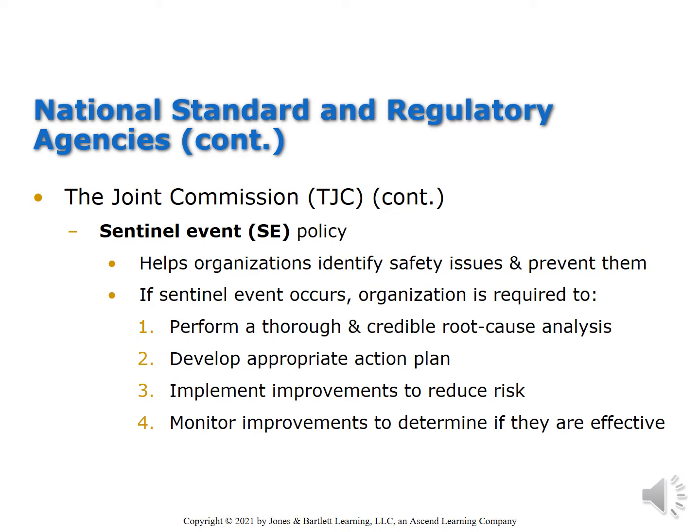It's required to perform a thorough and credible root cause analysis to find out what was the cause of this sentinel event, develop an appropriate action plan, implement improvements to reduce the risk based on the research of their action plan, and monitor these improvements to determine if they are effective. And then they need to make these recommendations and these improvements known to the Joint Commission in a very measurable way.